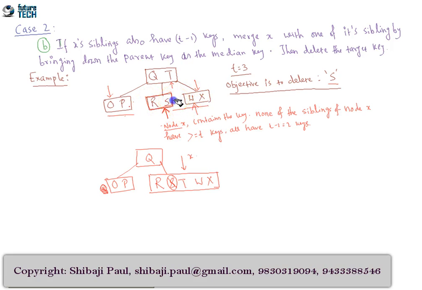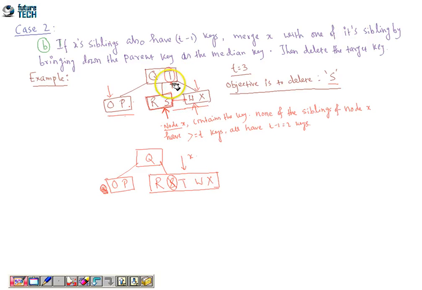I have merged it with this one. So these two are merged, and by taking T as median, we moved T to the target node, and we got T here, and then we have deleted the target key S successfully. So this is case 2.